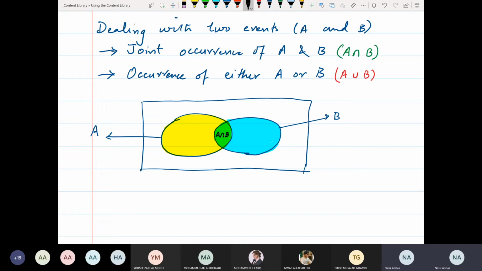So the yellow, green, and blue overall, that is A union B.